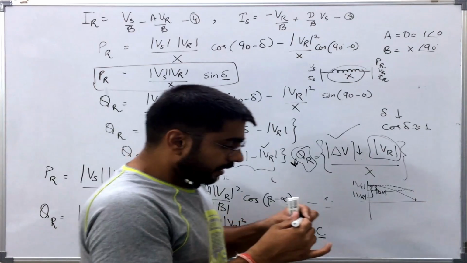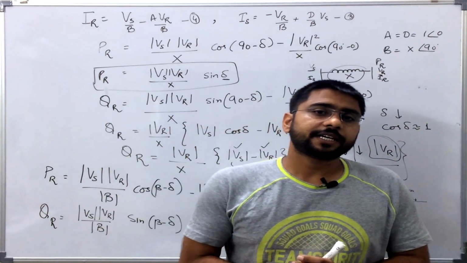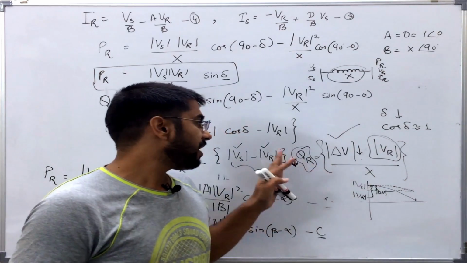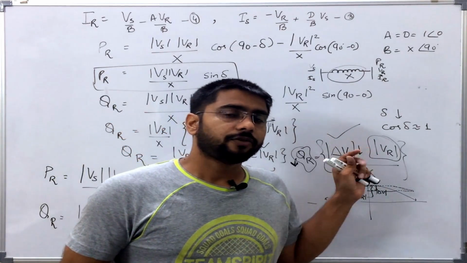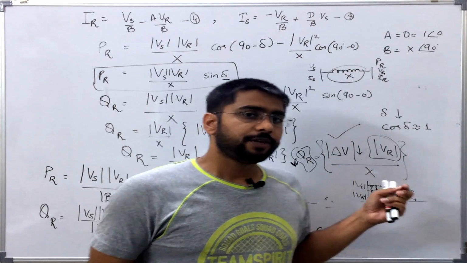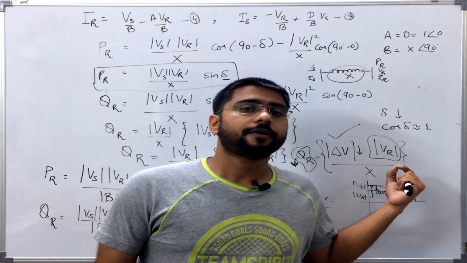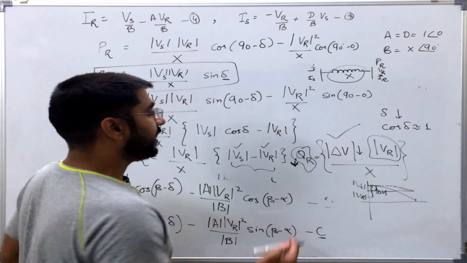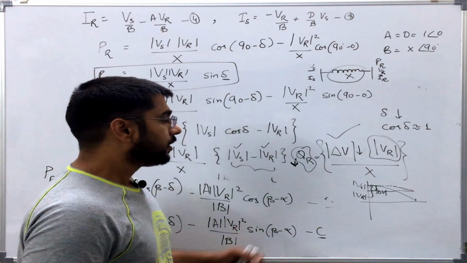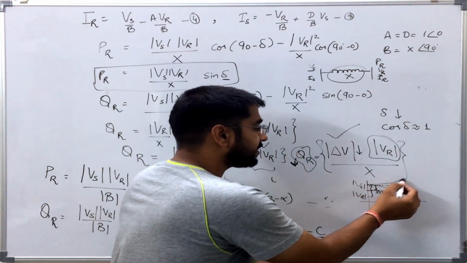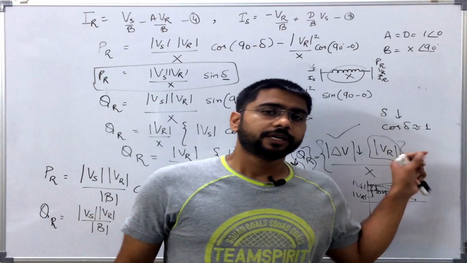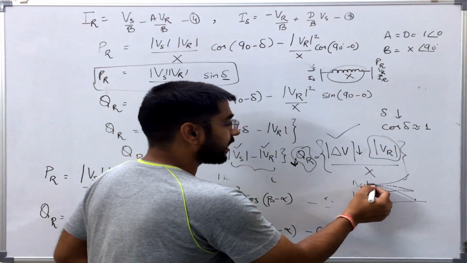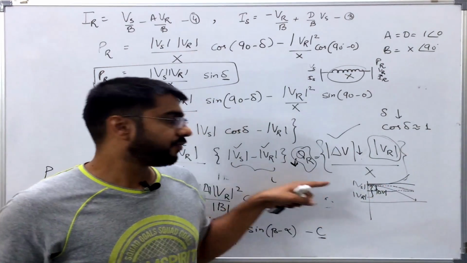So in reactive power compensation for control of the voltage at the receiving end, we try to minimize the demand on the line of the reactive power which is required. We usually try to supply this reactive power locally at the load end using shunt capacitors. Similarly, if delta V is negative, that is, voltage is increasing, we will put shunt inductors on the load end of the line so that the voltage profile is again smooth or flat.